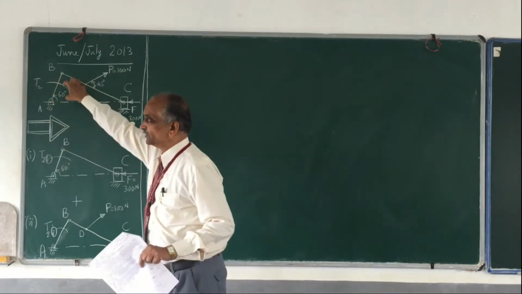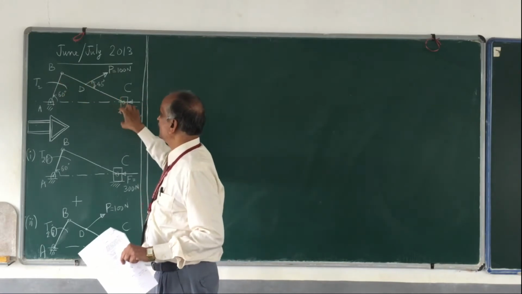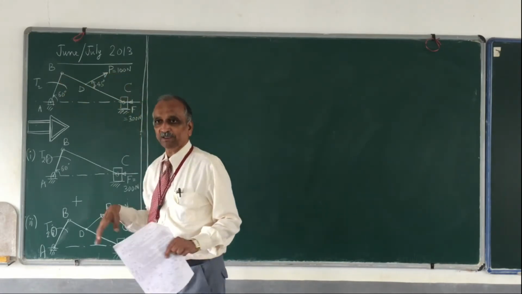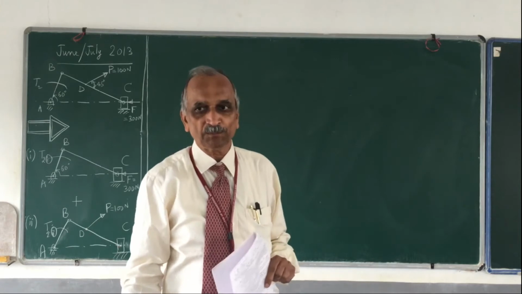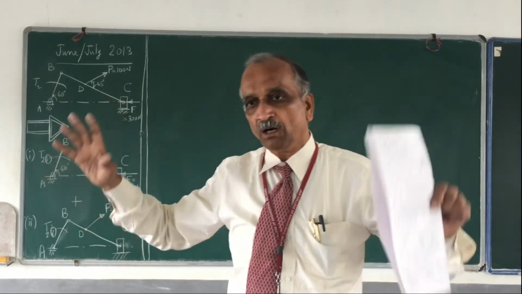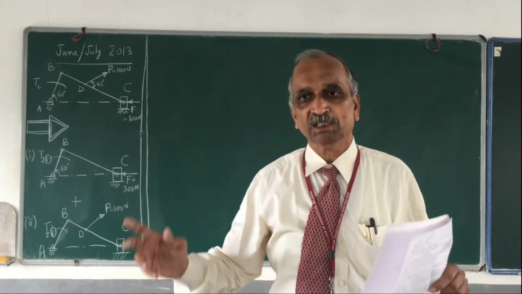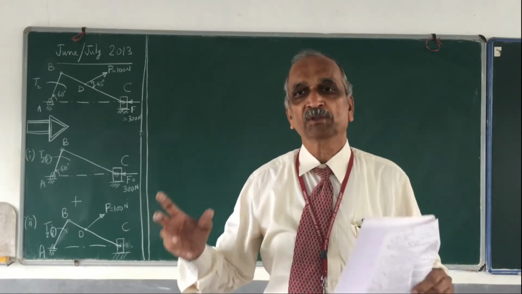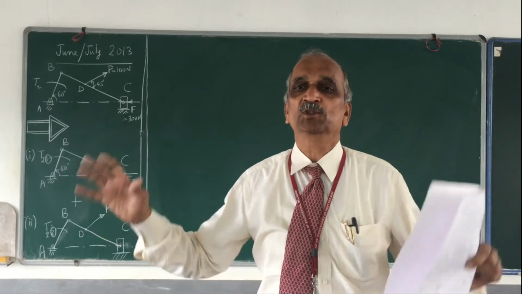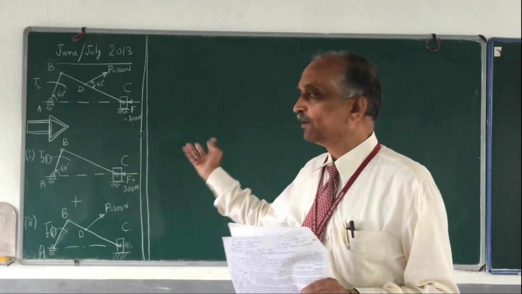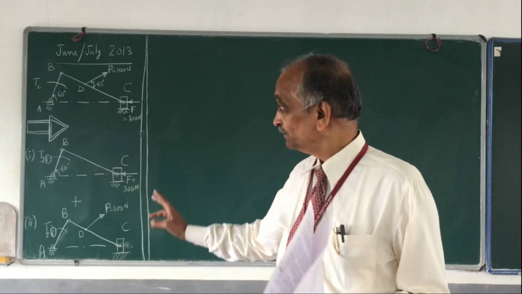T2 is the effect of only P plus only F. This is nothing but the principle of superposition. What is it? The effect of a number of forces is the sum of the effects of individual forces. This is what is called the principle of superposition.